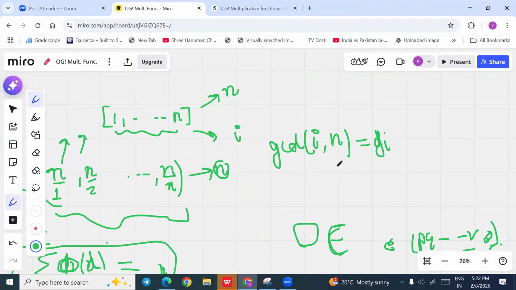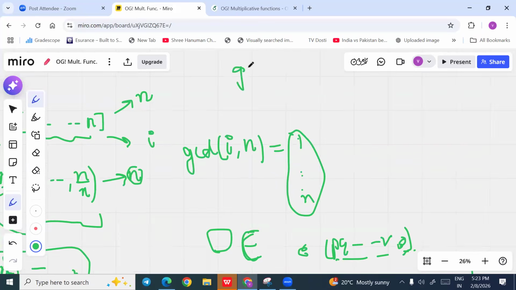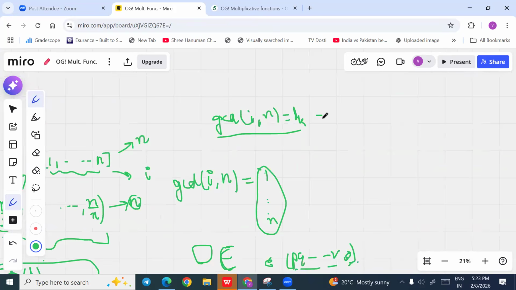So this can take as many values as the number of divisors of n. This can be 1, up to n, where these are divisors of n. So the numbers i are essentially solutions to GCD of i comma n equal to d, where d is a divisor of n. Let's say if this has f of d solutions, then the sum of f of d is the number of those.